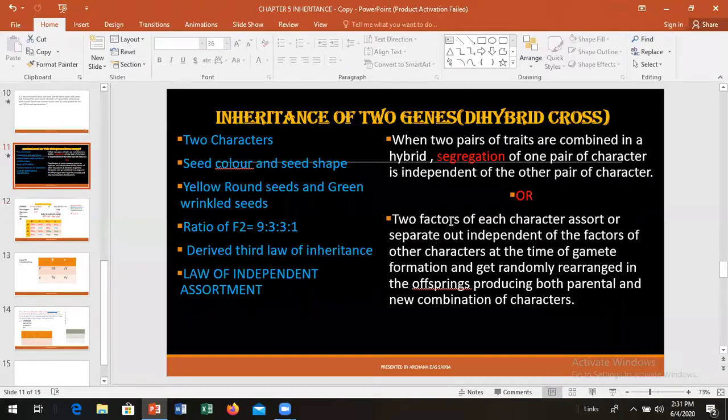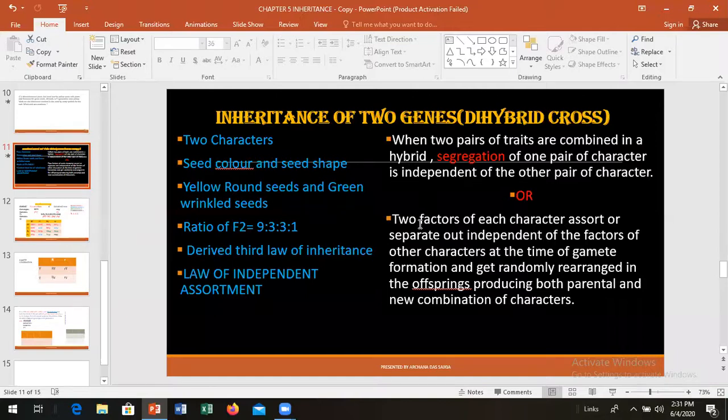Here we got the ratio. Now Mendel had stated, in the law of independent assortment, that two factors of each character assort or separate out independent of the factors of other characters. So we saw though the parents were round yellow and wrinkled green, the offspring appeared to be yellow and wrinkled, again round and wrinkled.